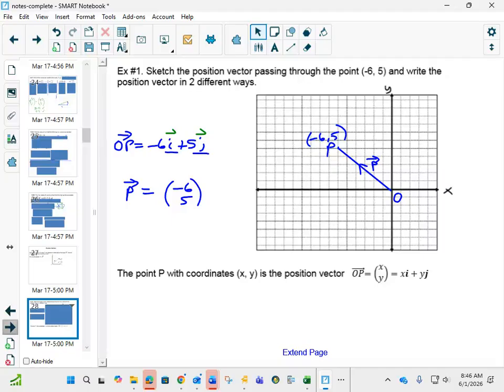I had J hat. Hats would be the unit vectors, which they are unit vectors as well, because i is just 1, 0, and j is just 0, 1. So technically hats would be right, but we just put arrowheads over it.